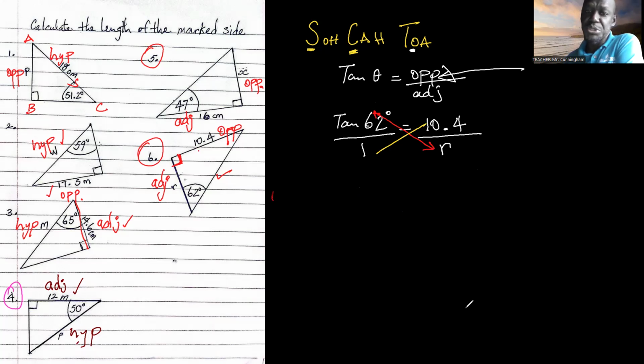So what we're doing, we're just writing R times tan 62, and 1 times 10.4 is 10.4. We're finding R, so we divide both sides by what, Tyrese? Tan 62. We divide both sides by tan 62.